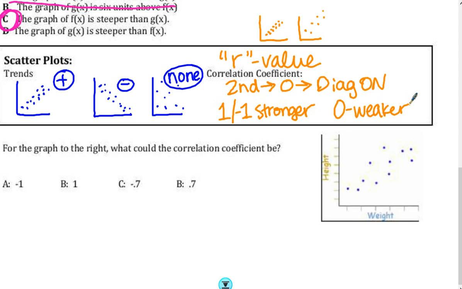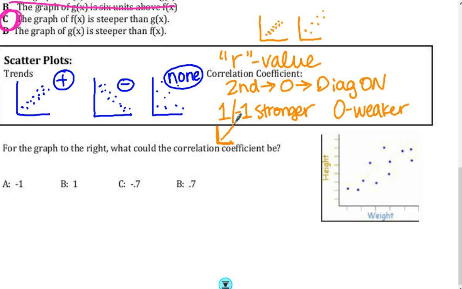Now, do also note that for a scatter plot, your R value will never actually be 1. It could be very, very close, like 0.998 or 0.995, but it will never be a perfect 1. In order for it to be a perfect 1, it would have to be like this, which is essentially a straight line. So it might be very, very close, but never a perfect 1 for scatter plots. That would be linear.